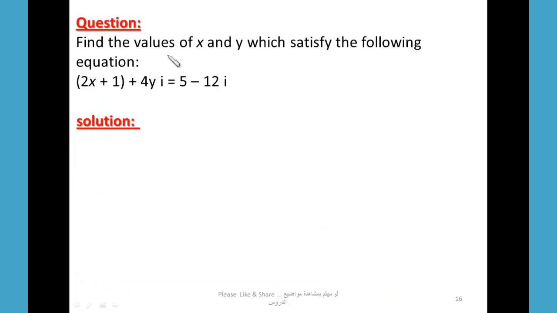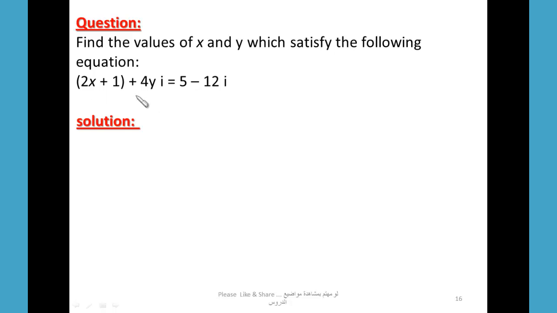Find the values of x and y which satisfy the following equation: 2x plus 1 plus 4yi equals 5 minus 12i. So 2x plus 1 equals 5, and 4y equals negative 12.